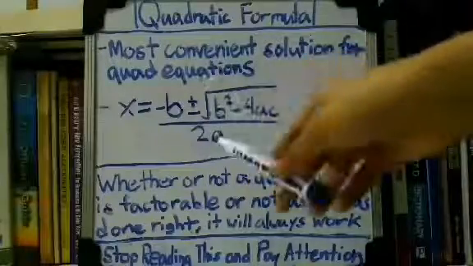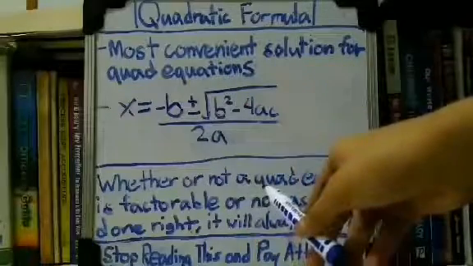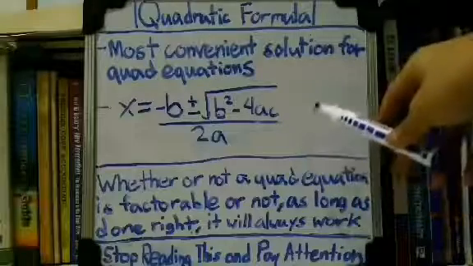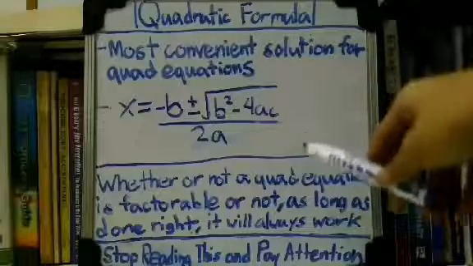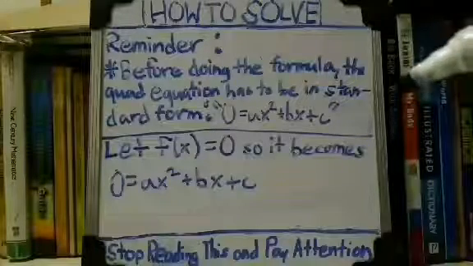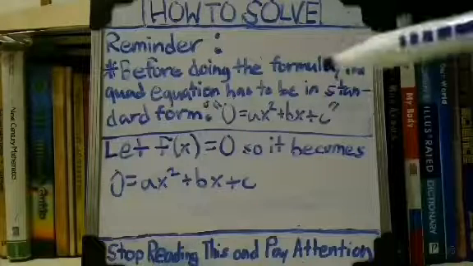The advantage this formula has over the other solutions is that whether or not a quadratic equation is factorable or not, as long as it's done right, it will always work and it will always give a direct answer.